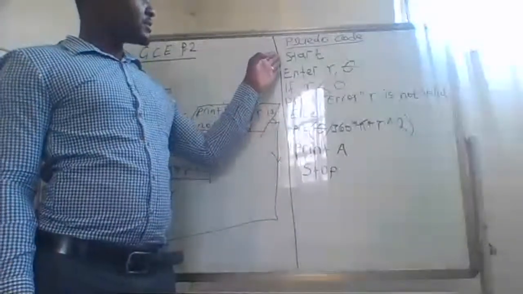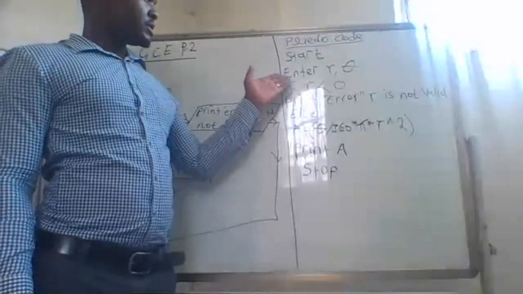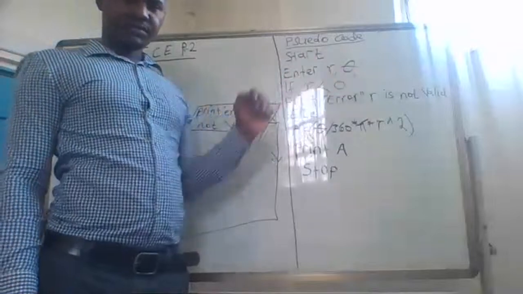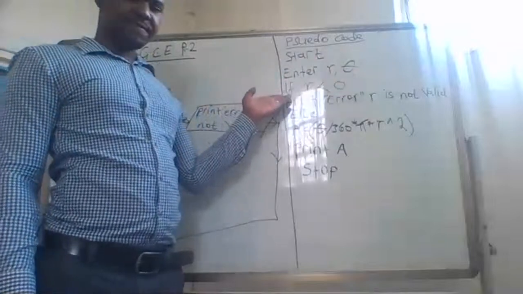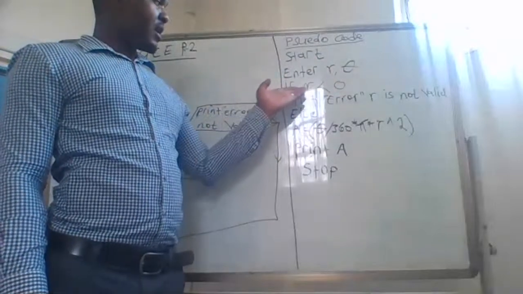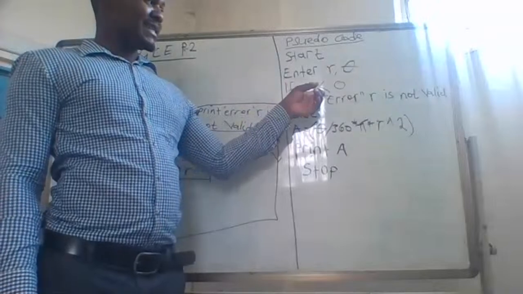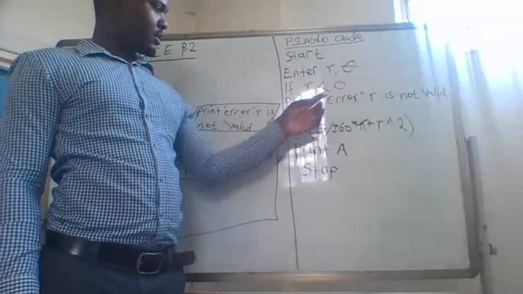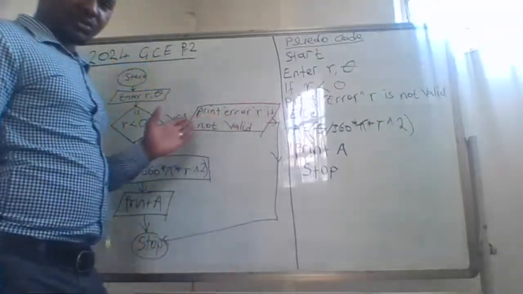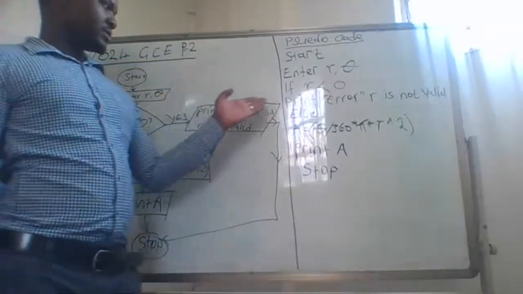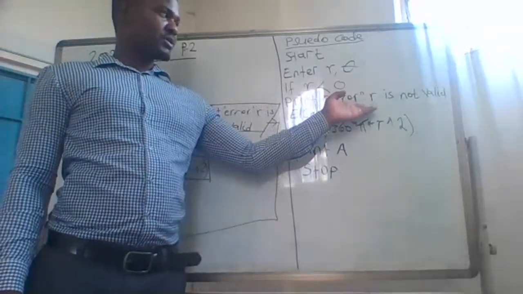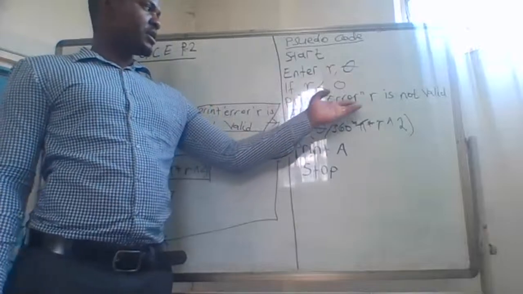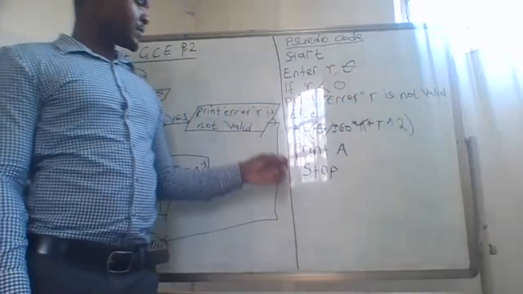So you start, you enter R and theta. Then if R is less than 0, then you get what is on the yes part. You say print error message, or rather print error, R is not valid.